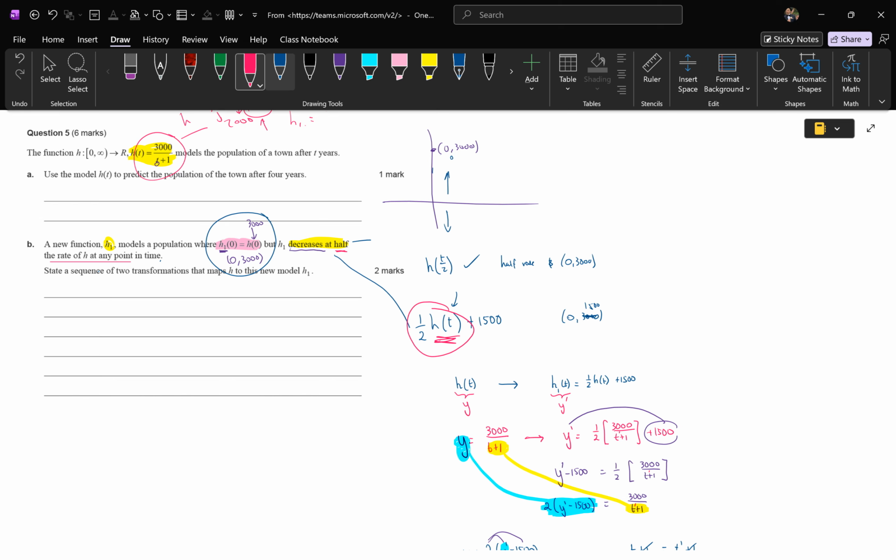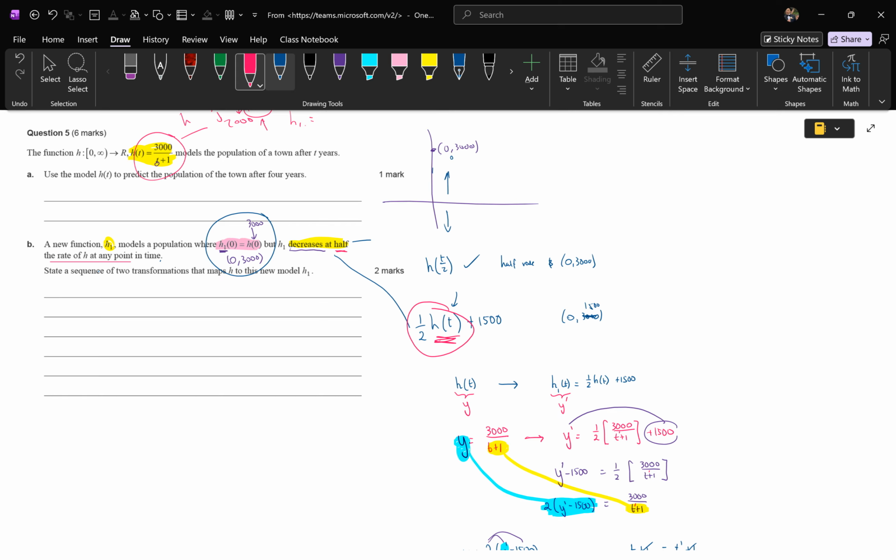So if my population was 3,000, then your population is decreasing at half the rate of h. So whatever h is, I'm now going to be half of that. So if you're 3,000, I'm 1,500. So it's sort of a set up for interpretation. I think it's a bit poorly written there.